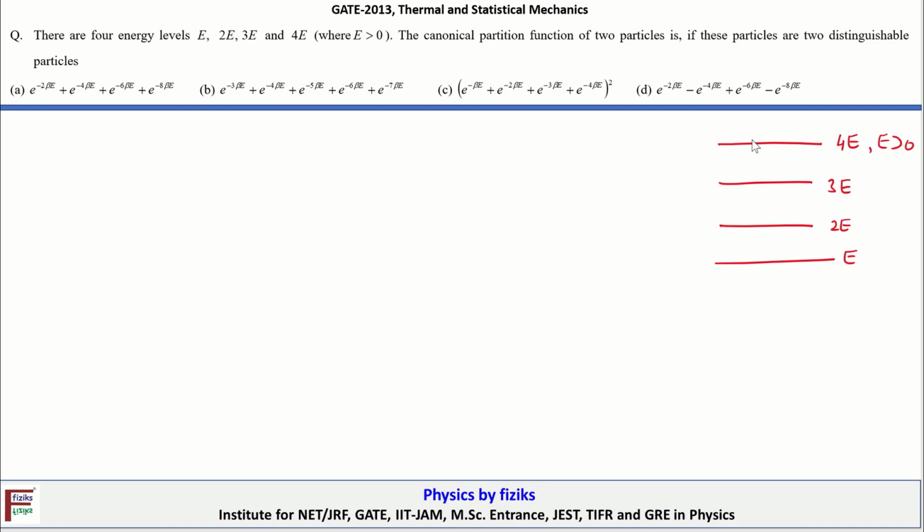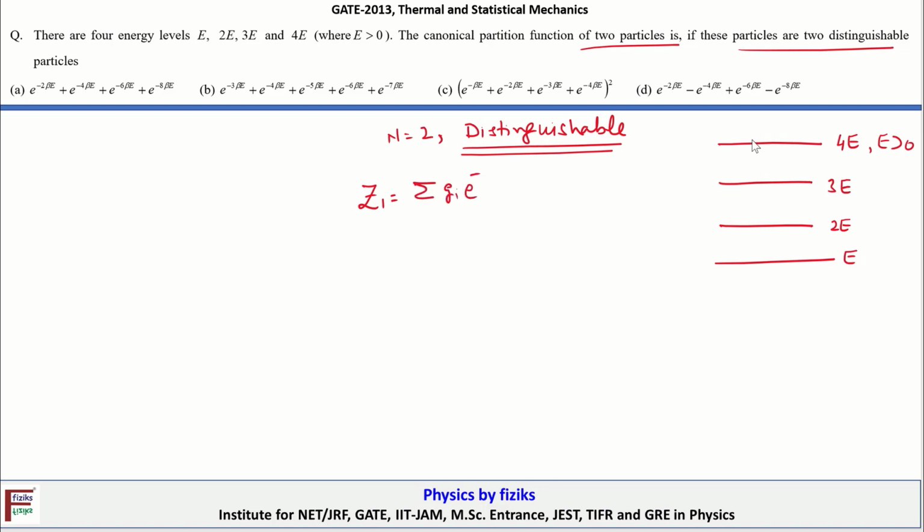The canonical partition function of 2 particles is, if these are 2 distinguishable particles, so we are having N equal to 2 and the particles are distinguishable. When the particles are treated as distinguishable, we simply need to find the partition function for one single particle. So Z1 is equal to the sum over g_i exponential minus beta e_i.